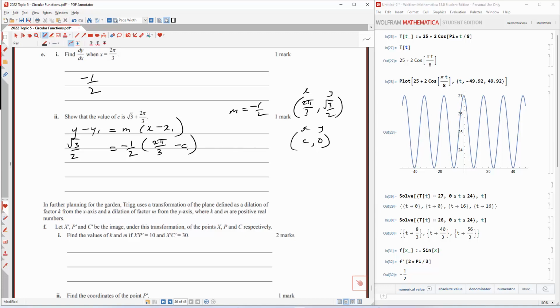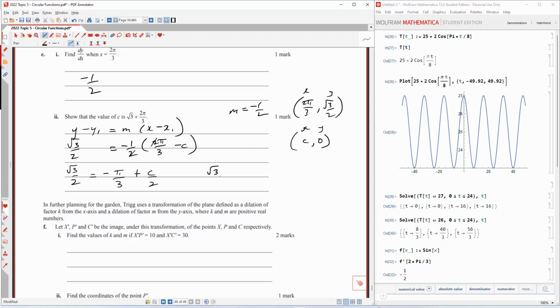And basically what we want to do now is solve this thing for c. So what I'll do is expand this, which will chop that out. So we're going to have root 3 on 2 equals negative pi on 3 plus c on 2. Okay, I think that's right. Now what we'll do is just throw that onto the left hand side.